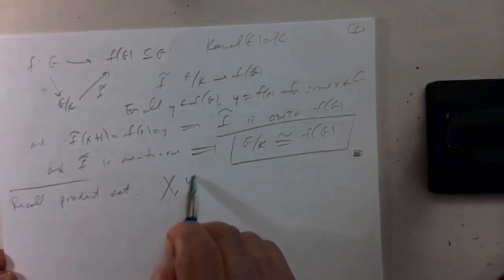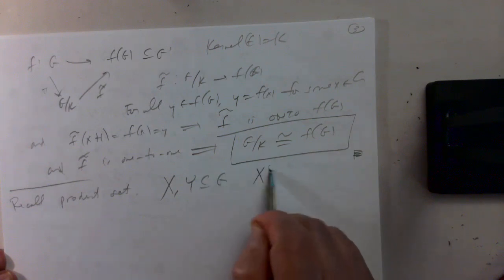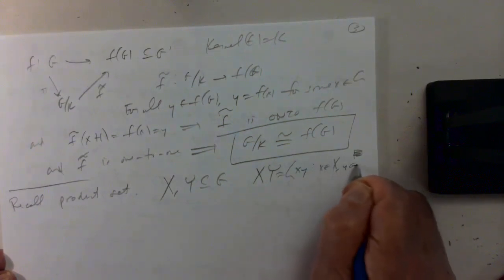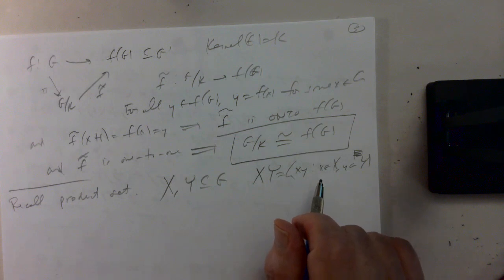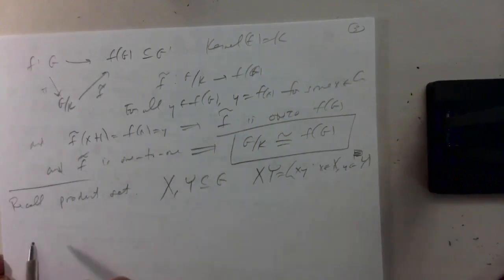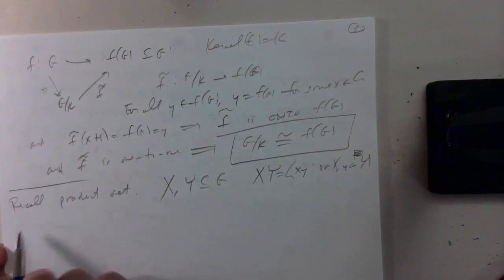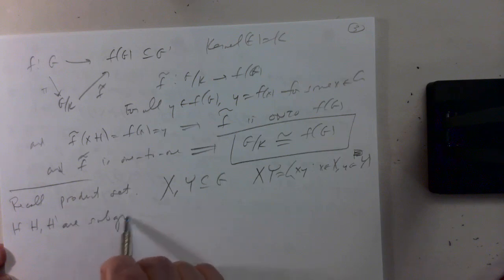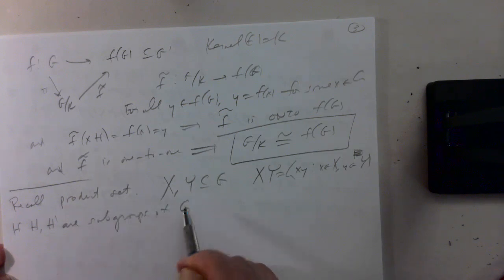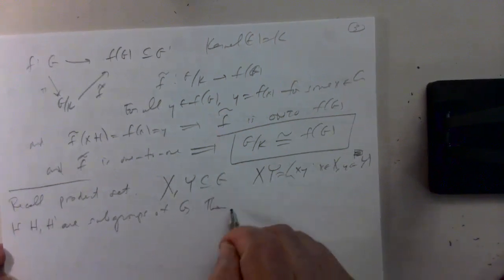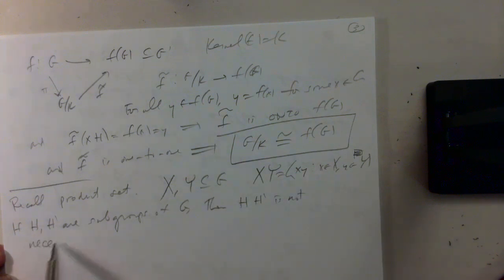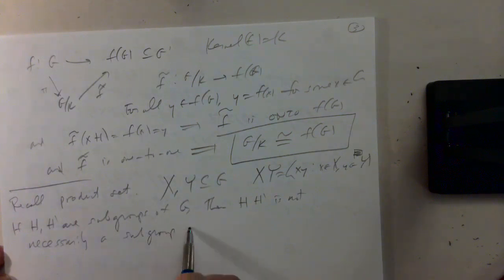If you have sets X and Y in a group, the product set is the set of all products xy, where x is in X, y is in Y. And we're interested in the case where we take two subgroups. So if H and H prime are subgroups of G, then the product set H times H prime is not necessarily a subgroup of G.